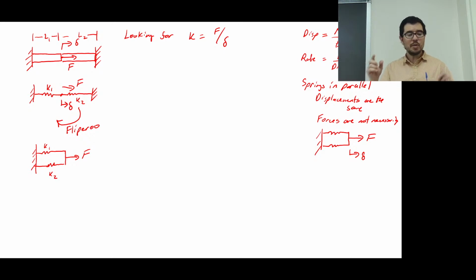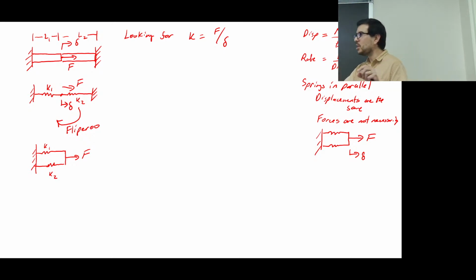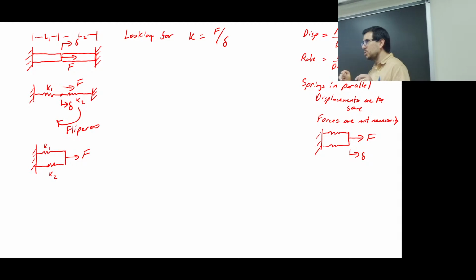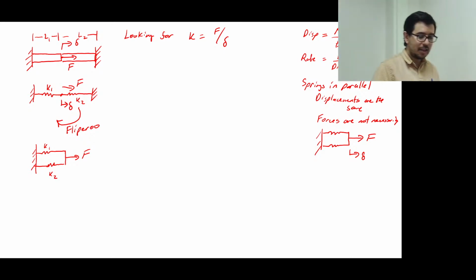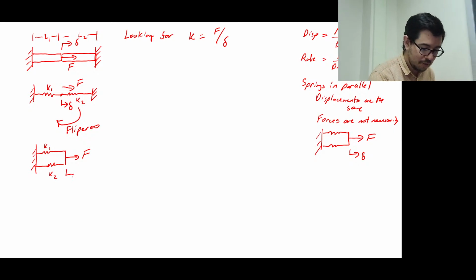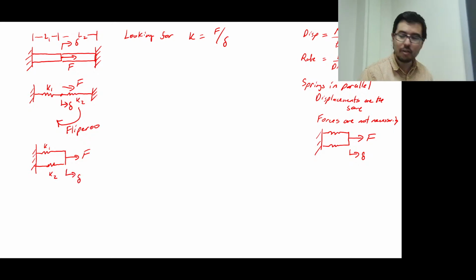So even though these are written as if they're in series, because of the way we have the force and the displacement, they're actually acting in parallel with each other. So if that's the case, then the problem becomes a little bit simpler. That's the delta. What is now the K for this system?